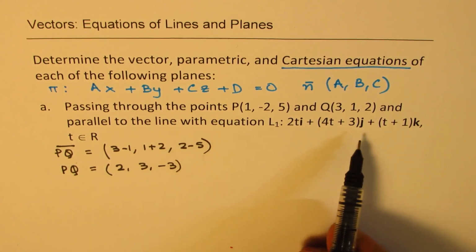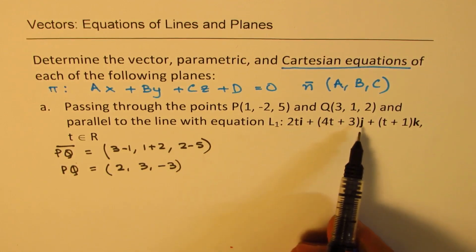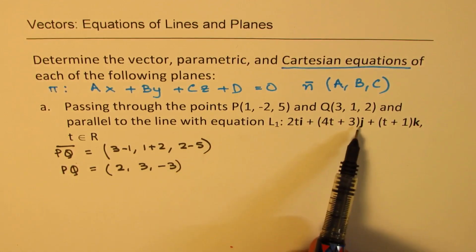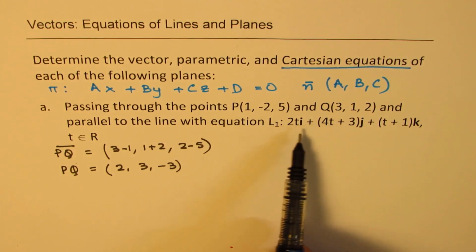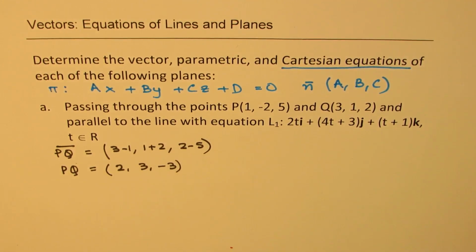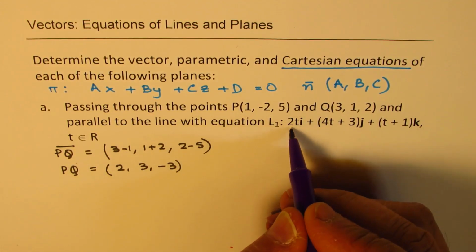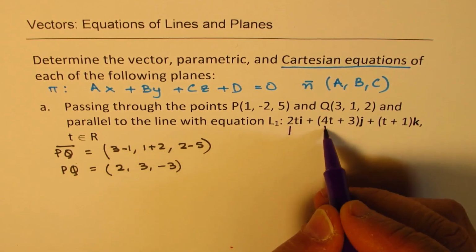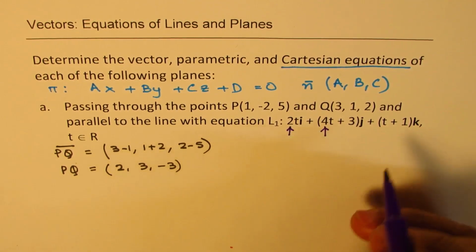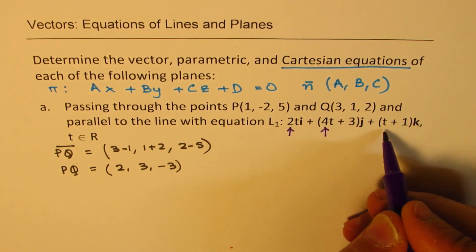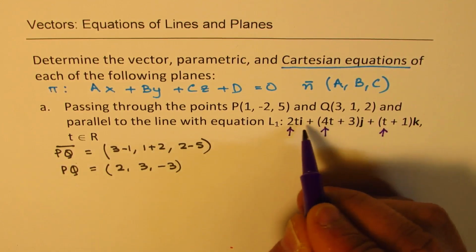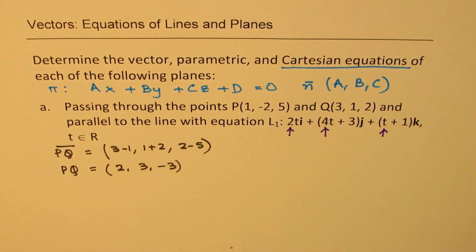Now the other direction we can get from the line itself. If you see, the line has these t terms. It's kind of confusing the way it is written, but I think we can make it out from here itself. So one direction component here is 2t, the other one is 4t, and the third one here is just t. i, j, k are your unit vectors.